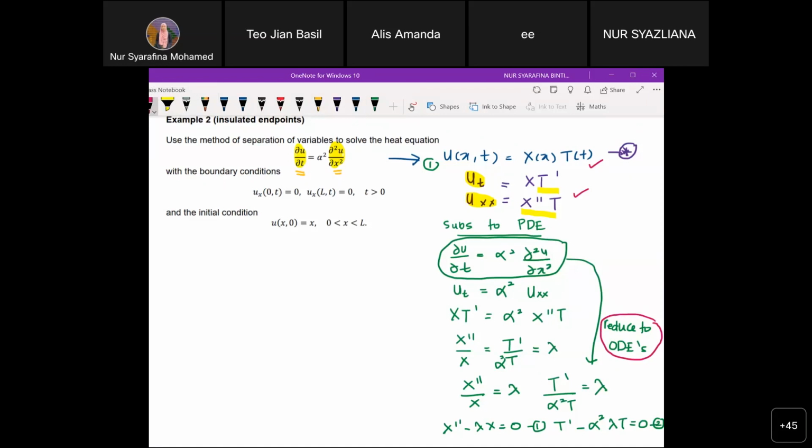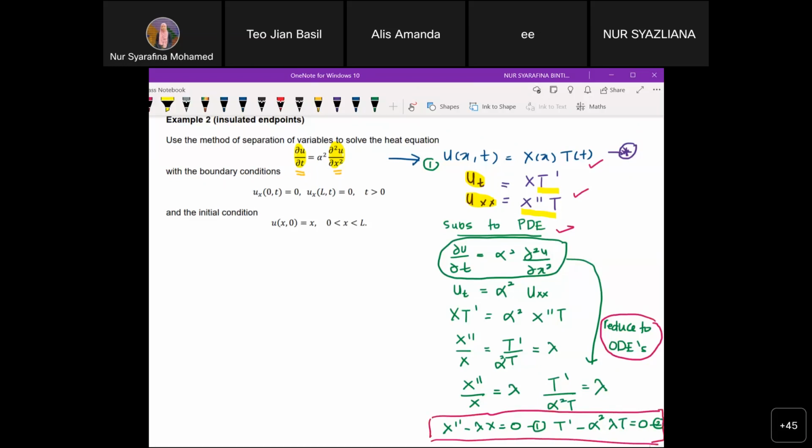So you differentiate according to the problem and substitute into the PDE, then rearrange to have these two ODEs. So our solution now is focusing on these two ODE equations. Okay, so how can we solve it?